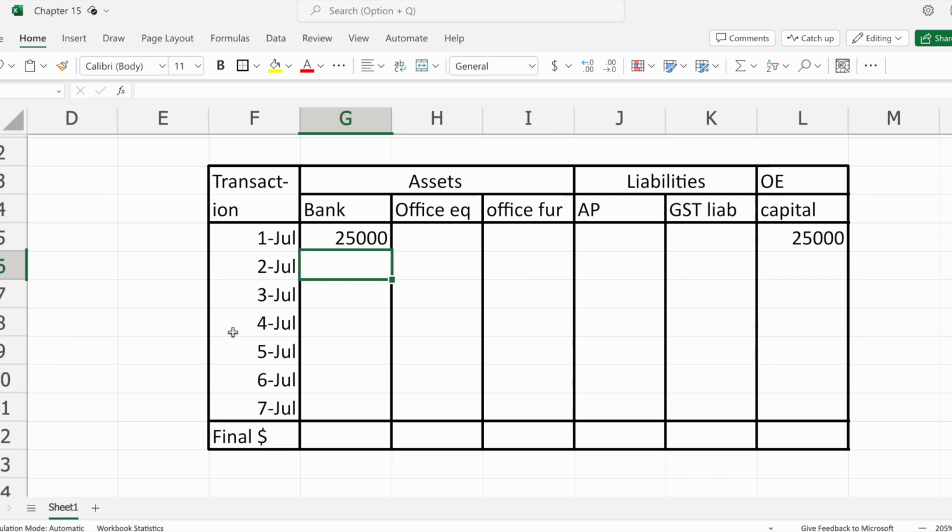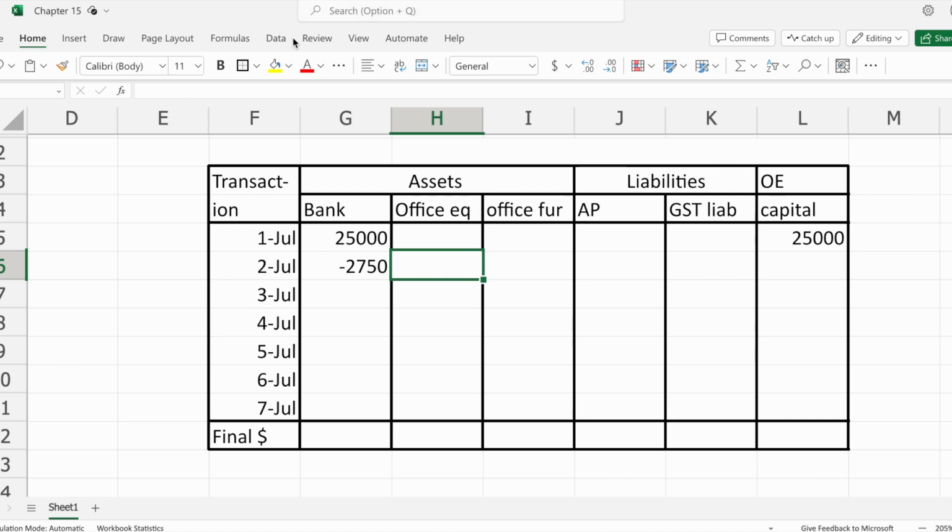So when we buy something with cash, it affects the bank as well, like the previous transaction. So we have negative 2,750. Remember, we are not only saying negative 2,500, but we're also adding on the GST. So that would total 2,750.